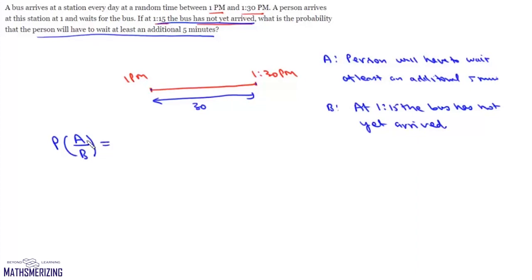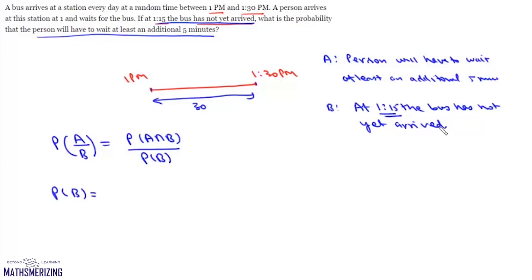So this conditional probability P(A|B) is actually P(A intersection B) upon probability of B. Now first we'll calculate probability of B. Probability of B is that at 1:15 the bus has not yet arrived.